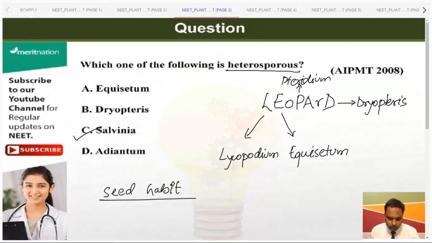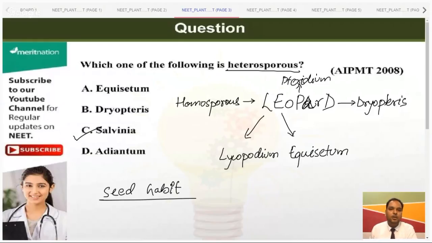So I can make the A only. From this word Leopard, you can remember all the homosporous pteridophytes. L for Lycopodium, E for Equisetum, P for Pteridium, and D for Dryopteris.